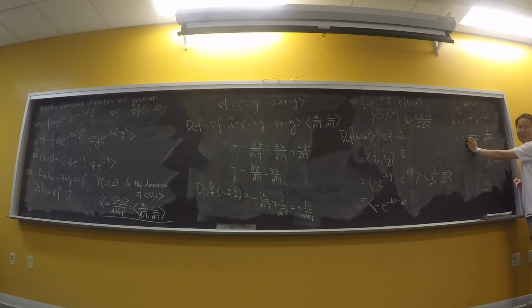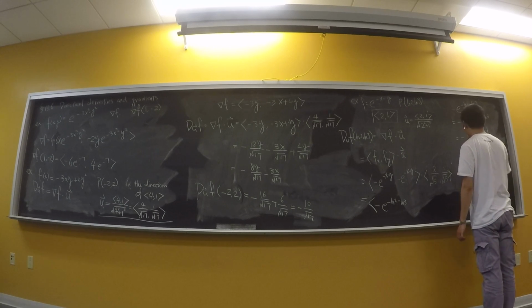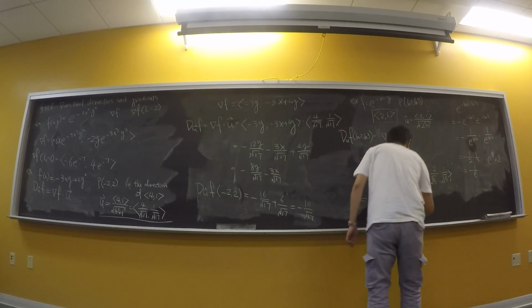That's the definition of log, right? Therefore, if I plug in this number right here, I'm getting a 2. Similarly here, log 3 is exactly defined as the number that if you raise e to it, you're getting a 3. So this is minus 1 over 2 times 1 over 3, which will give you 1 over 6.